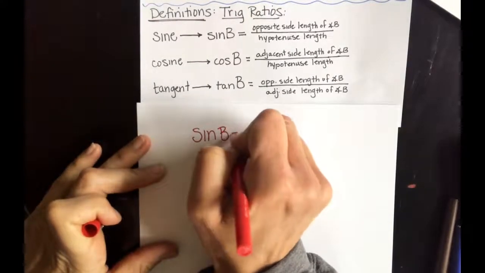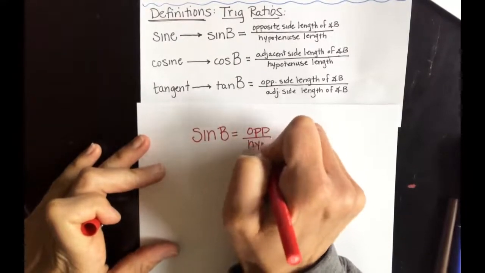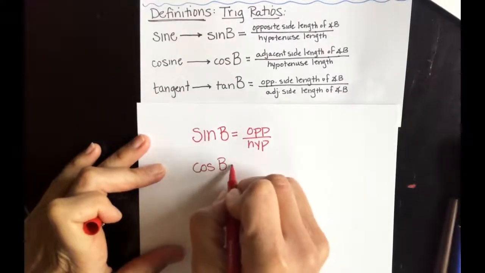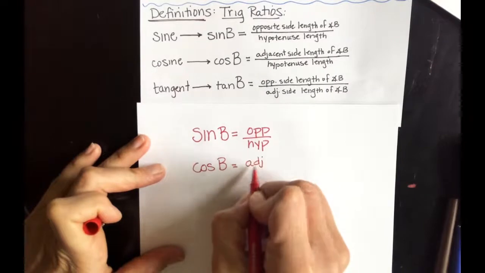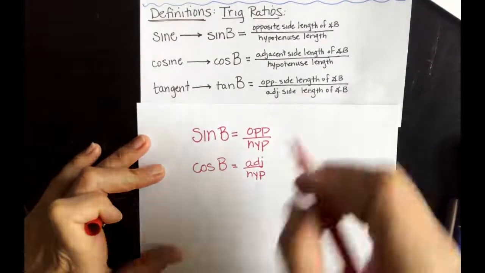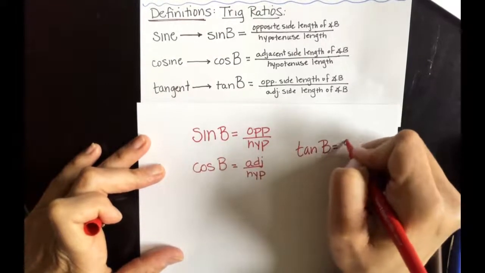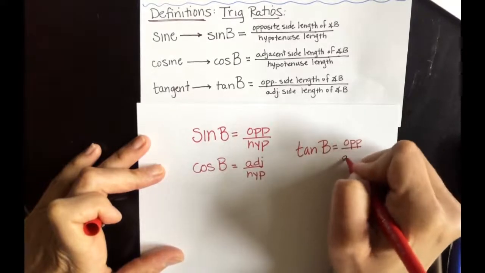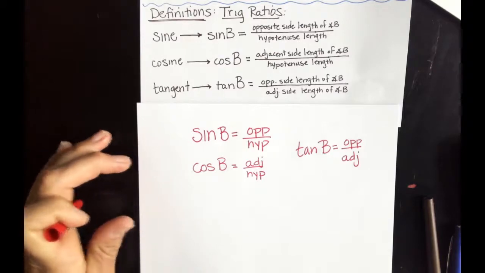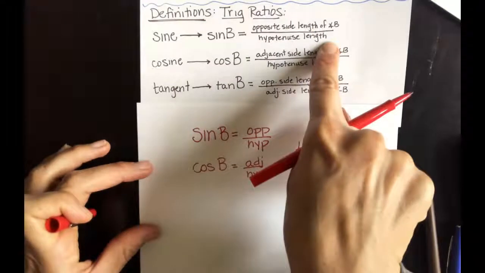Sine B is opposite over hypotenuse. Cosine B is adjacent over hypotenuse. And tangent B is opposite over adjacent. Those are the abbreviations. Makes it a lot easier than writing out all of this.